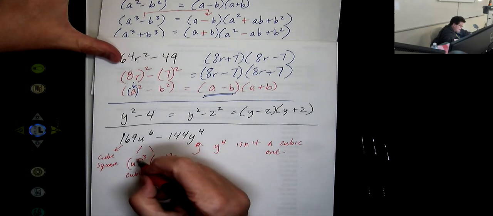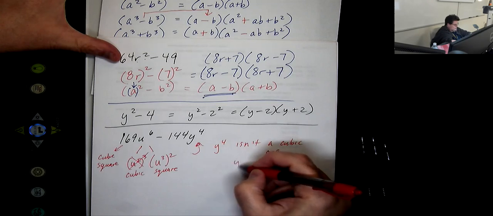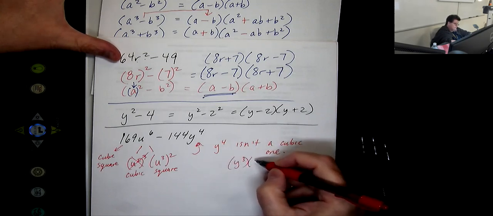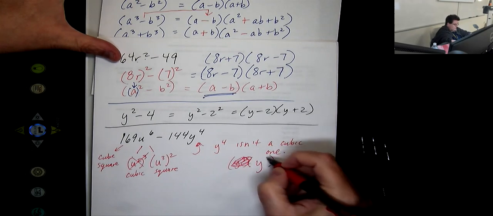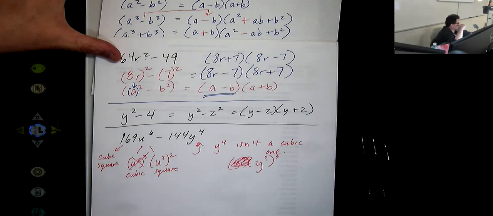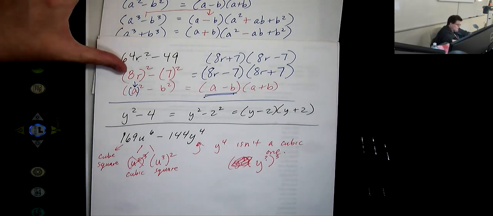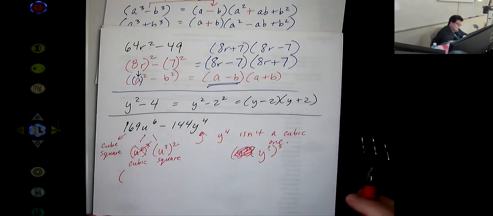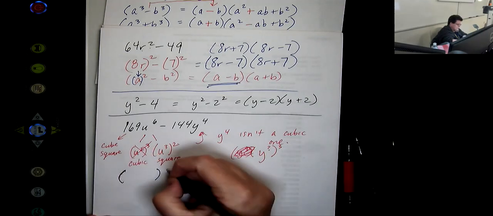There's nothing I can put in here that I'm going to cube that you're going to want to work with. So that doesn't work. So we're going to have u cubed squared. I'm looking for what number squared makes 169.